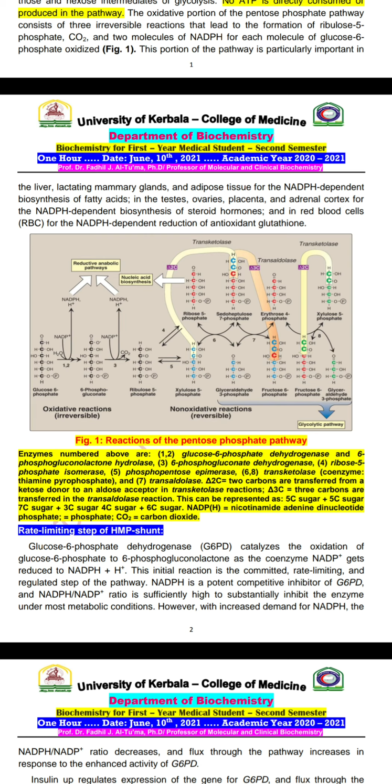And we have other types of endogenous antioxidants, such as enzymatic and non-enzymatic. The most important non-enzymatic antioxidant is glutathione, which must be present as reduced glutathione, GSH.